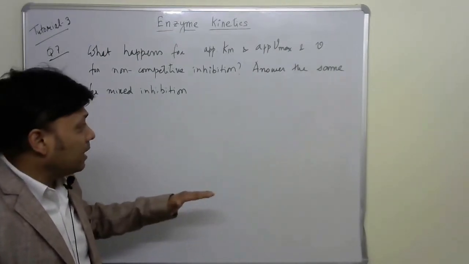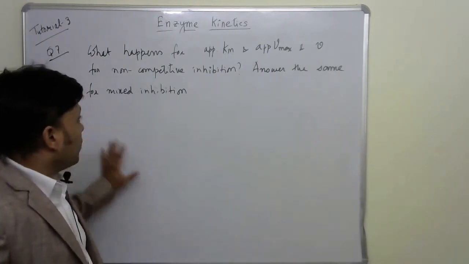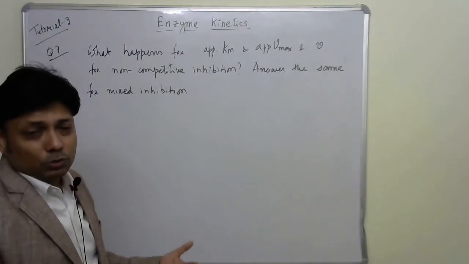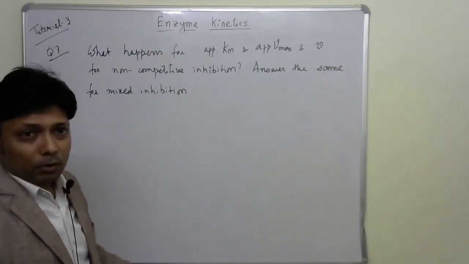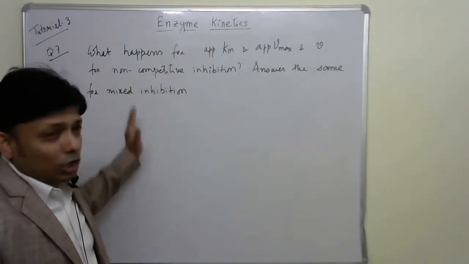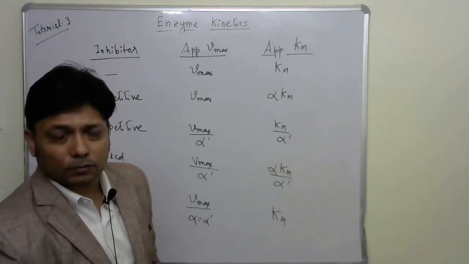Sometimes it gets confusing to remember, but if we try to write that in a systematic manner, it may help you to remember the overall scenario. So let's delete this part and let's refer to a chart that I'm going to draw on the board. Okay, so let's do it.